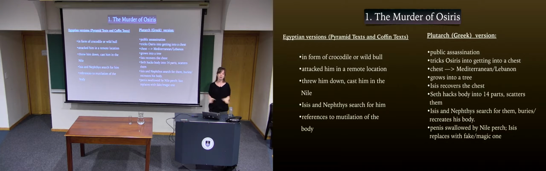And Seth has a beautiful chest made, and he brings it to this party, this feast. And he says, anyone who can fit in this chest, the person who fits in it properly can have it. And so all of these different people try, and they can't do it. And finally, of course, Osiris lays down in it. It's like, yeah, it fits. And Seth shuts it, locks it, and then throws it into the Nile.